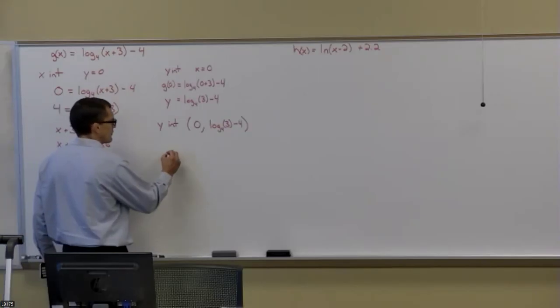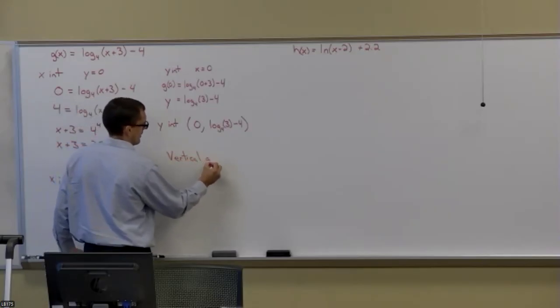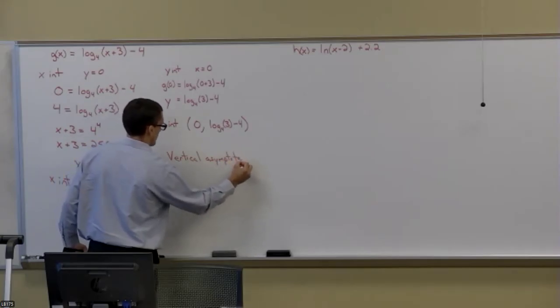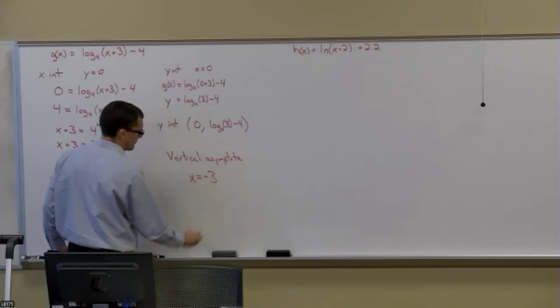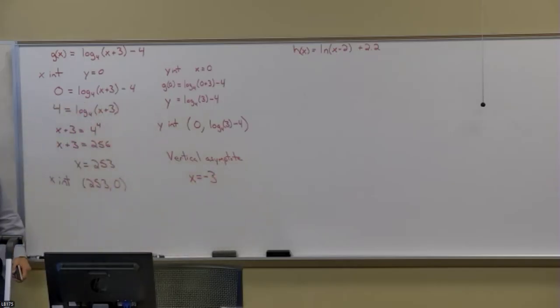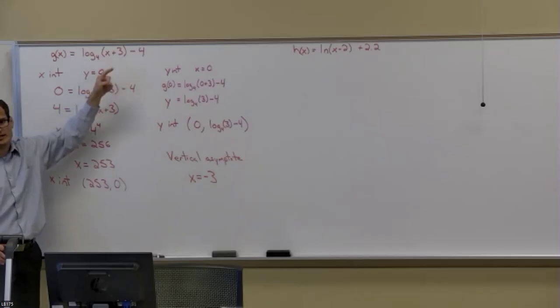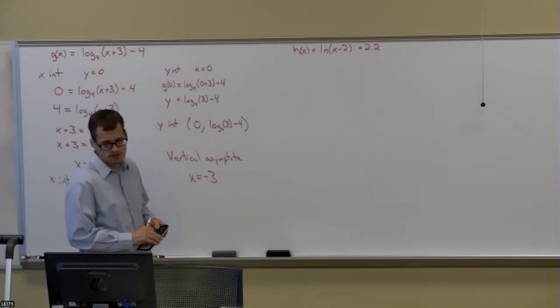So the vertical asymptote is the asymptote x equals -3. That's just a shift left 3 units. Think of it as x minus h. So minus a -3 gives me a +3.